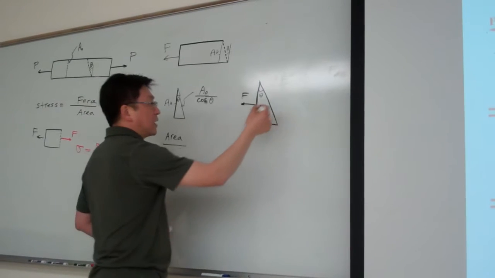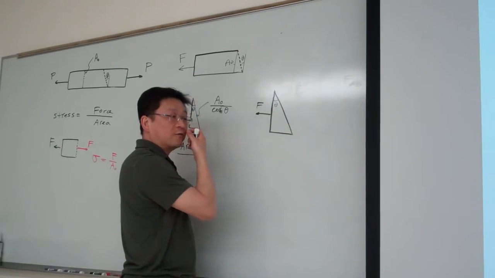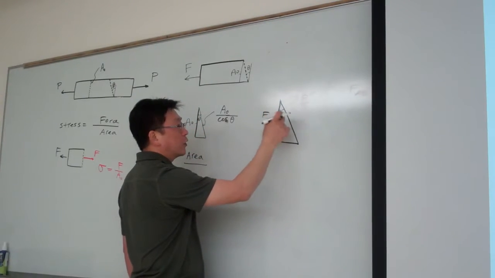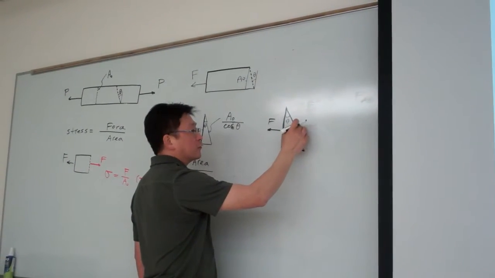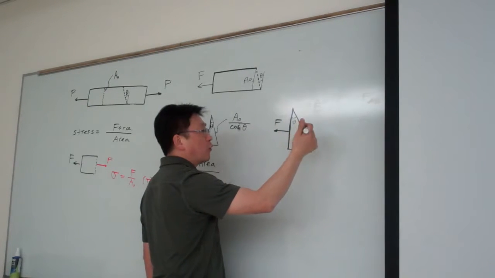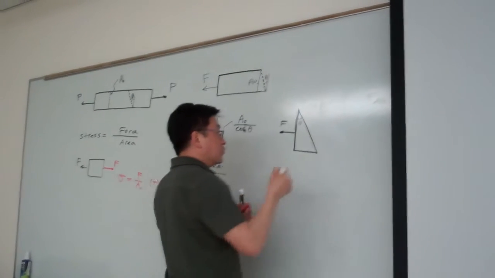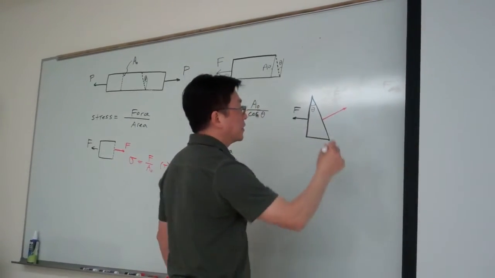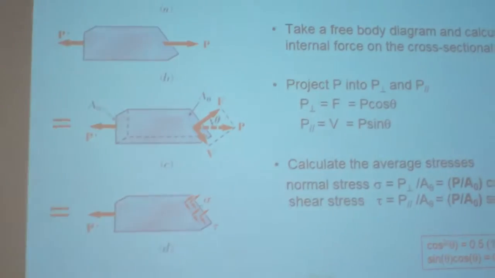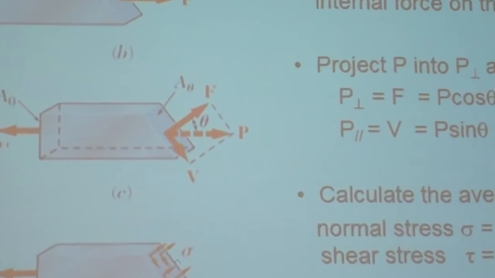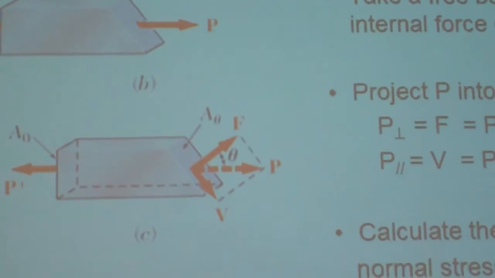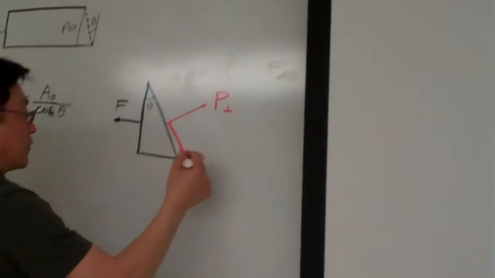On this inclined plane, we try to follow our concept. We wish to decompose the force, or calculate directions, on the inclined plane. One component is normal. Let me call it, using the same notation as this, P normal, normal to the cross section. And the other component I call P parallel, parallel to the cross section.